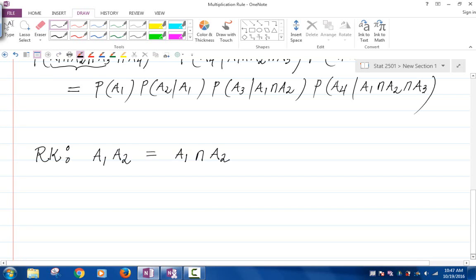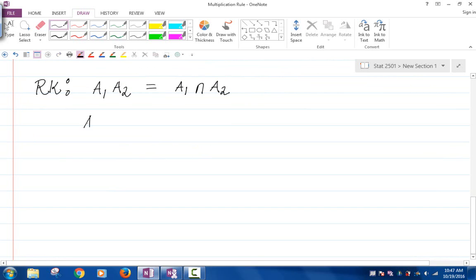And more generally, I might write A1, A2 dot dot dot AN when I mean A1 intersect A2 intersect dot dot dot intersect AN.